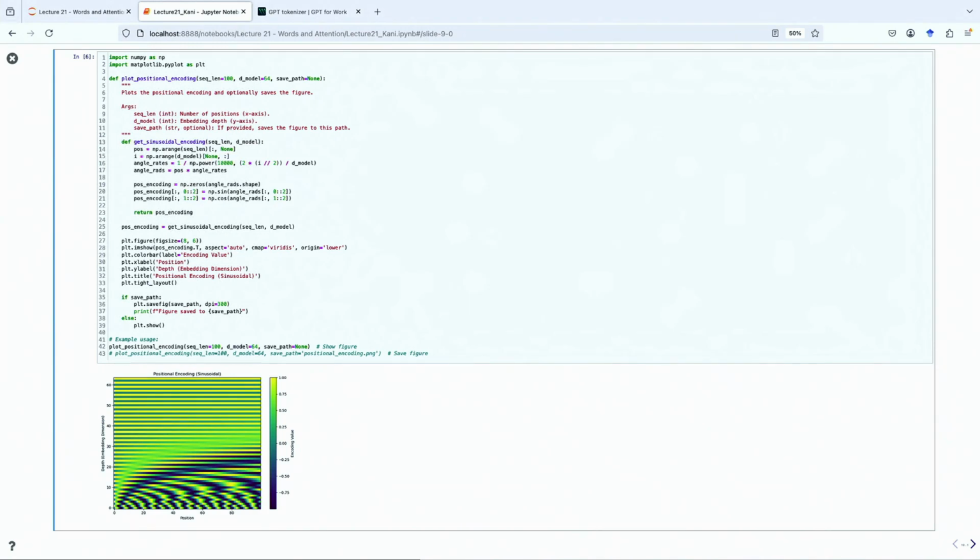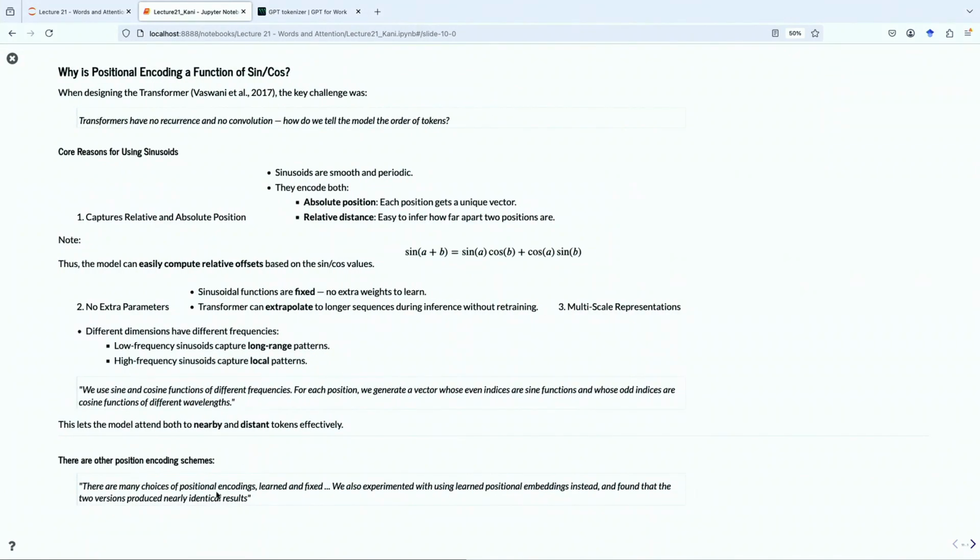Okay? So this isn't the only type of position encoding. There are many, many types of position encodings, even before this paper, both learned and fixed. Fixed would be something like one-hot encoding. But there was this concept of learned position encodings that was quite popular before this paper.